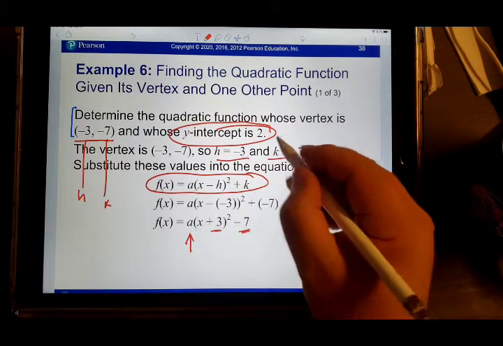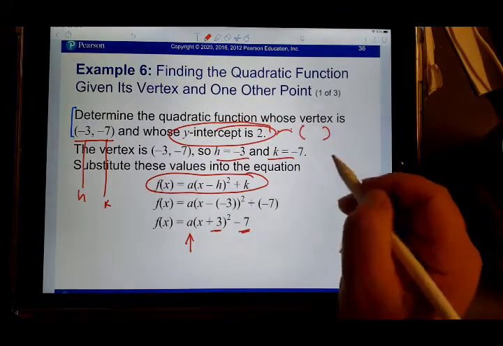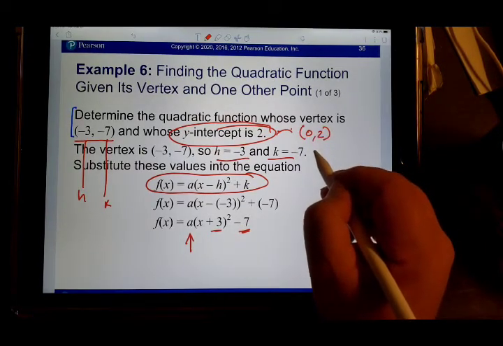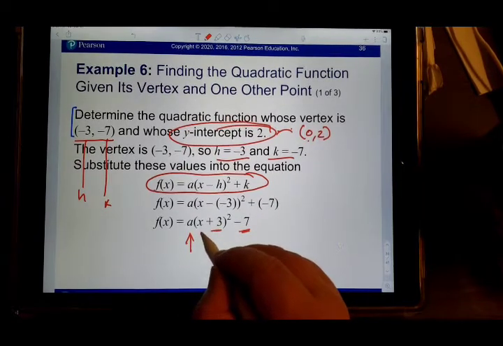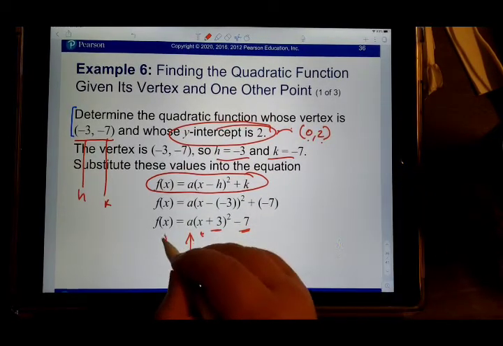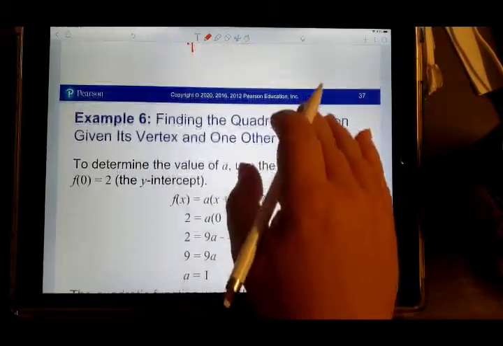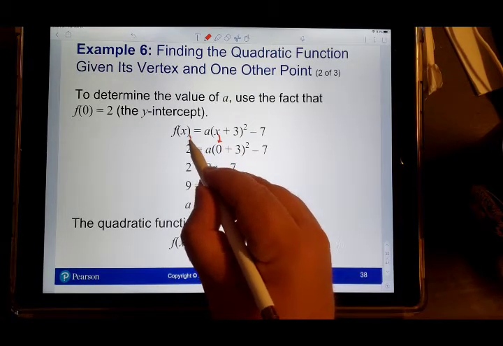They told us the y-intercept is 2, which means this graph goes through the point 0, 2. So we're going to substitute 0 for x and 2 for y, or f of x, and you'll see that on the next page. X got replaced with 0.